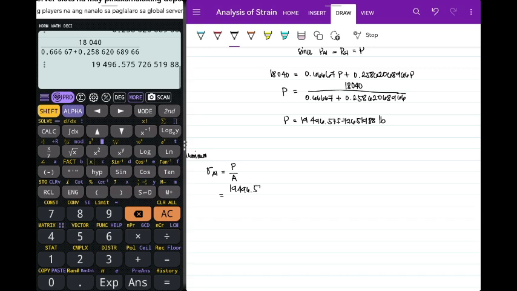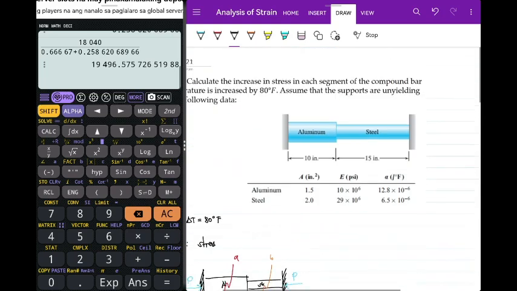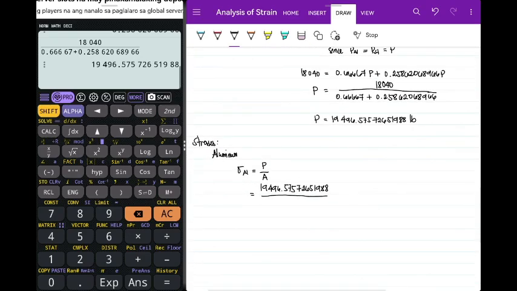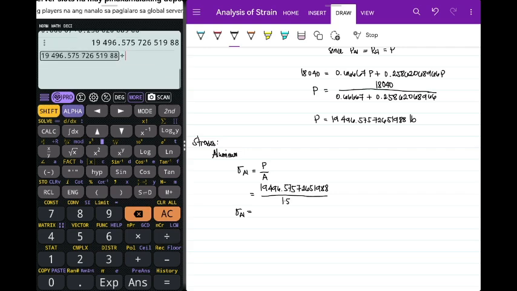So stress in our aluminum is equal to P over A, which is 19,496.57572651988 divided by the area for our aluminum, which is 1.5.